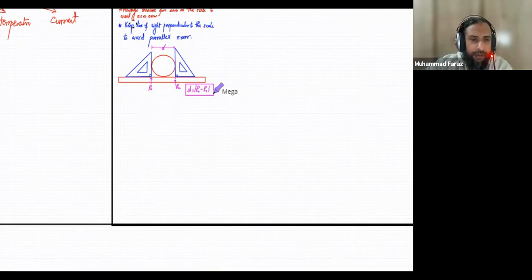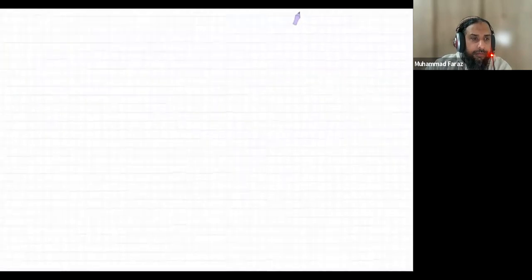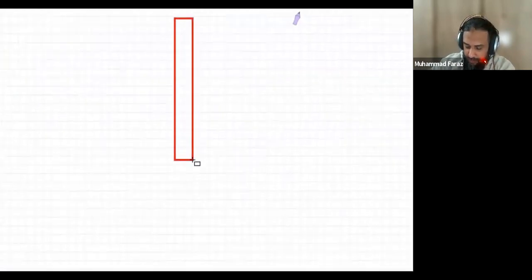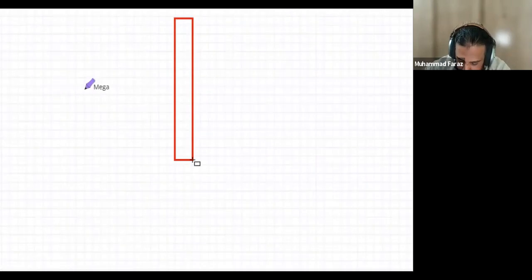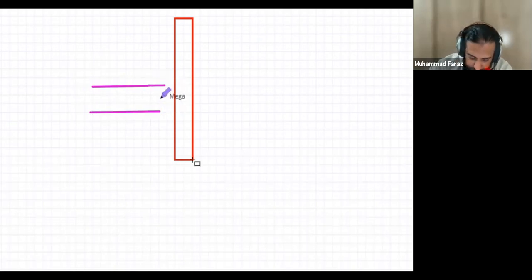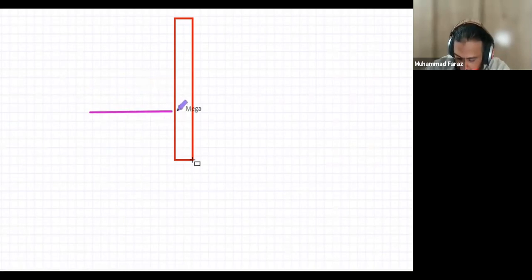Let me draw that for you over here. This is, for example, a scale. This is the notebook. Just one second. Let me draw it better. These are the pages.